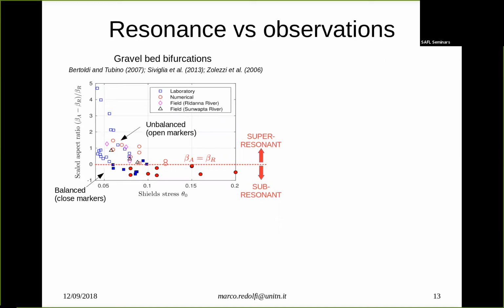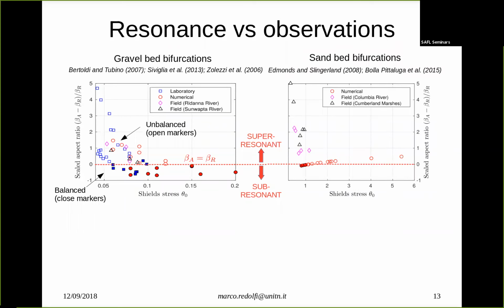As you can notice, the closed markers that indicate bifurcations observed to be balanced tend to stay in the sub-resonant regime, while the empty markers indicating unbalanced bifurcations tend to stay above the red line. And the same occurs for sand bed bifurcations, where we have just a few cases that are observed to be stable.